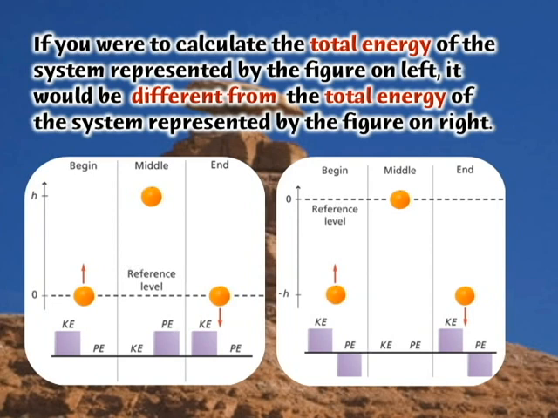But if we choose the highest point the orange reaches as our zero, well then some numbers will be negative, right? Initially, the potential energy is negative. It only reaches a maximum of zero, and then it goes back to being negative after that point in the middle. The kinetic energy, however, will be positive the entire time, and at its lowest point, it will be zero.